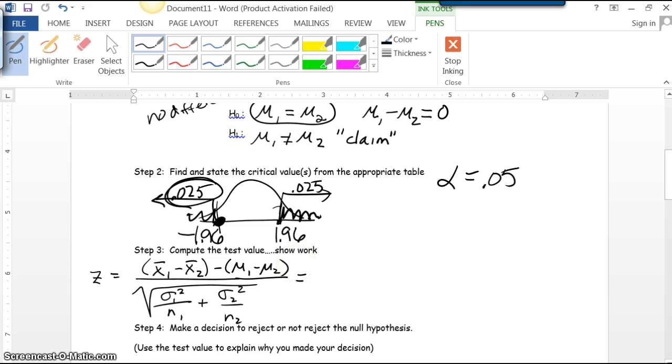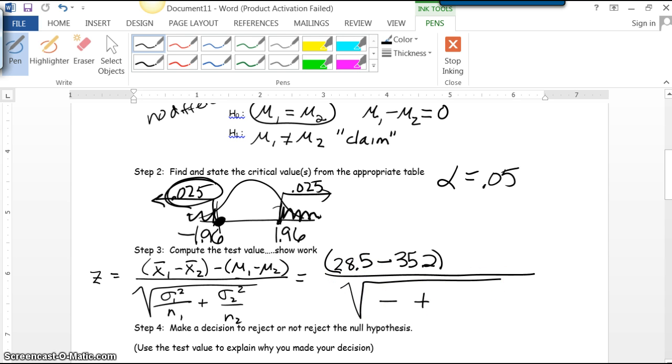So the first X bar is from your first city, and it was the first sample mean, 28.5, minus the second city sample mean, 35.2. We don't need to put this part in here because it's a 0 from up here. You can see it's a 0. You could put a minus 0 back here, but I'm not going to. Like, you could write minus 0. I just ignore it.